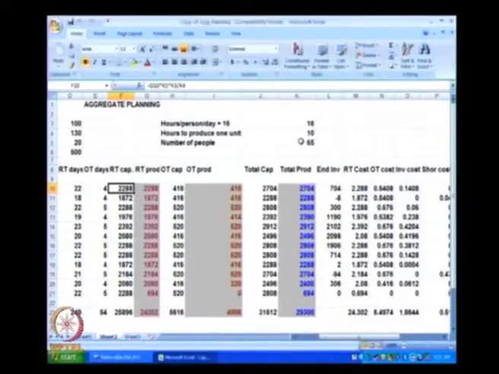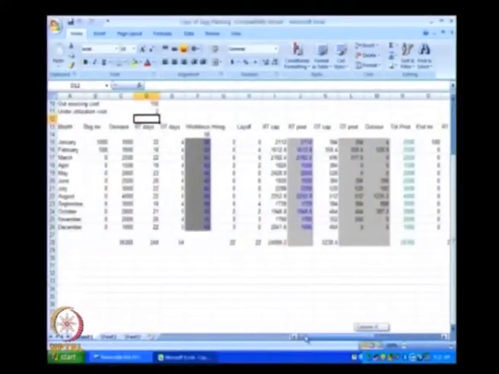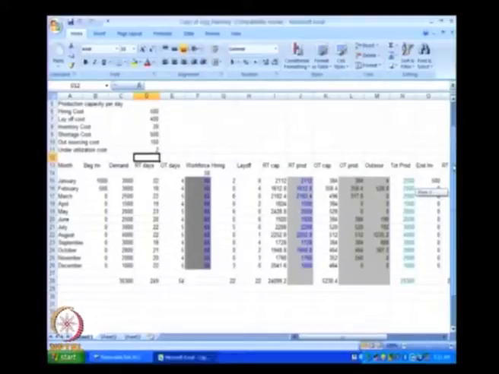So we try to answer all these questions using another spreadsheet and by considering additional costs and also by considering varying manpower. So that we try and show in the other spreadsheet, which is like this. Same problem we consider here.